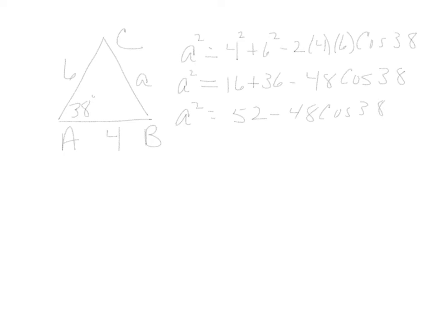Now, once again, do not just subtract 52 minus 48. We have to do our order of operations. So we want to take the 48 times the cosine 38 first, subtract that from 52. That will give us about 14.175 if you're doing that on your calculator. Take the square root of both sides will give us 3.8.